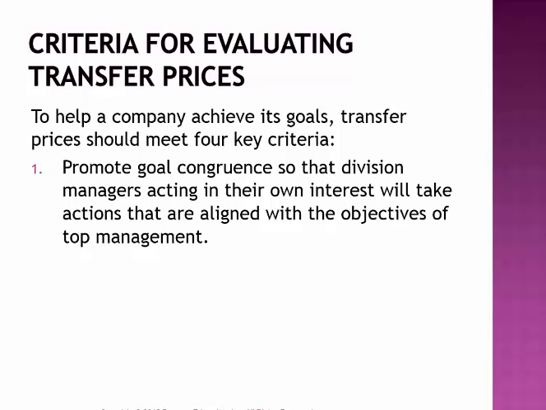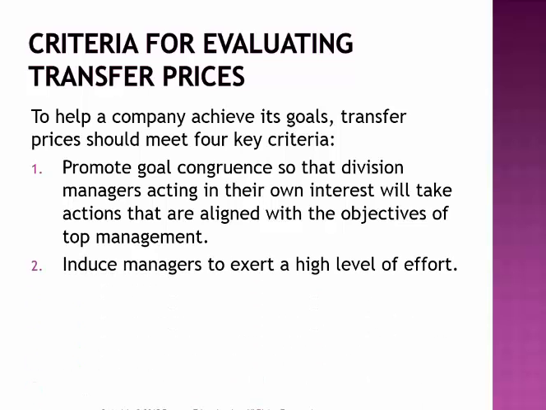Now, we really need to consider this goal congruence when we set the evaluation and performance measures of the management people over these subunits. We want to induce managers to exert a high level of effort. We don't want to make this a situation where it's always some type of cost plus scenario, because that selling division manager could get a little lazy.